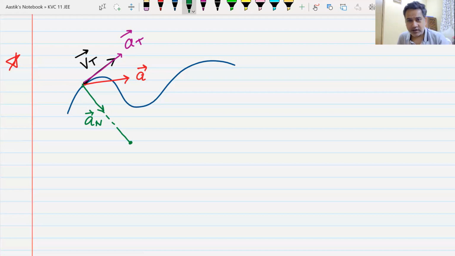Yes, every arc is a part of a circle. So this will point towards the center of that. It may be a circular path, it may not be a circular path. So in general motion, it is known as the center of curvature.